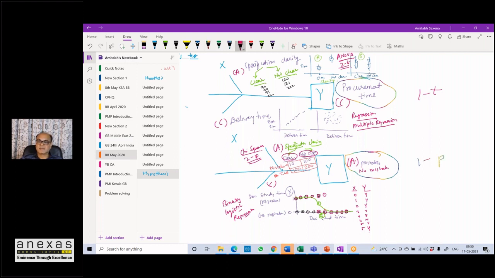So 1p test for only one proportion, and 1t test for only one continuous data against the number. So procurement time is equal to 122. 122 is a number. Proportion of mistakes is 7%. 7% is a proportion. 0.07 is a proportion.